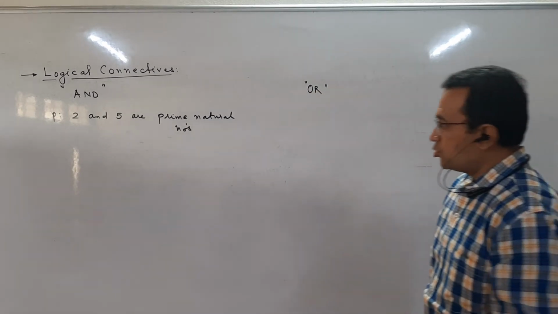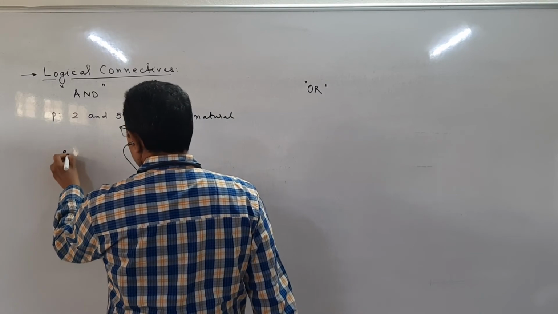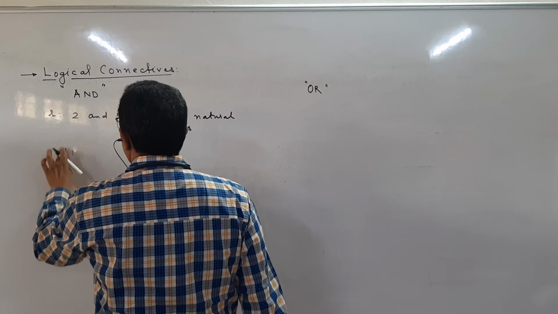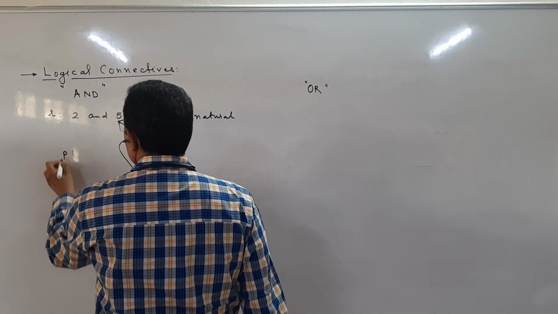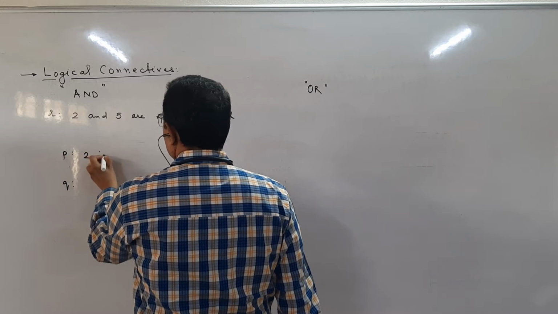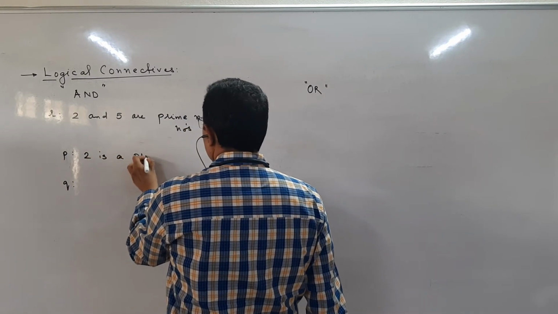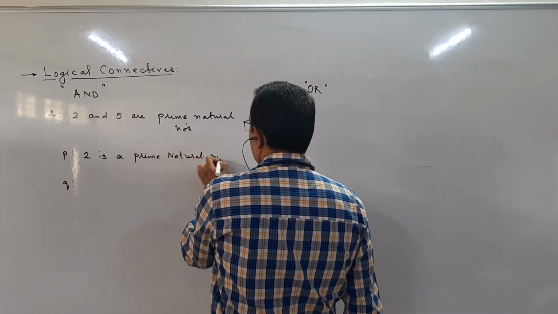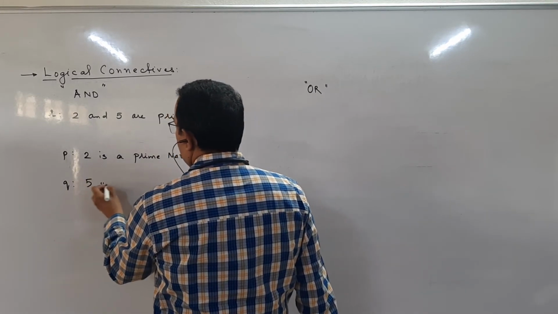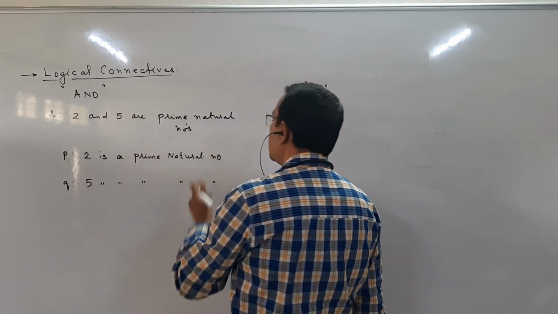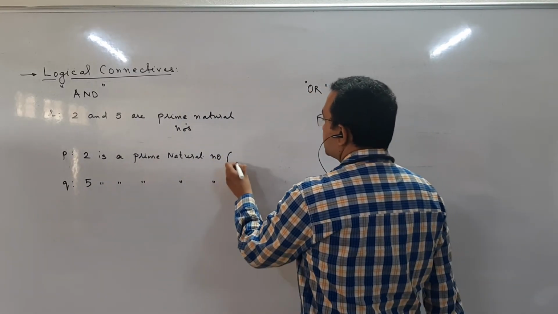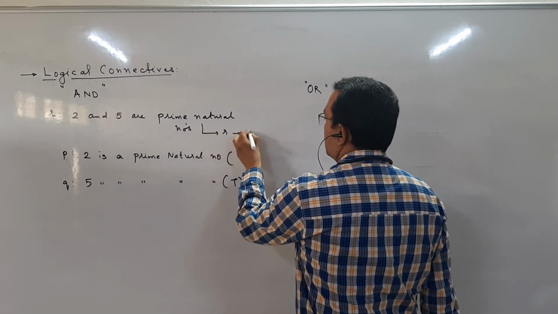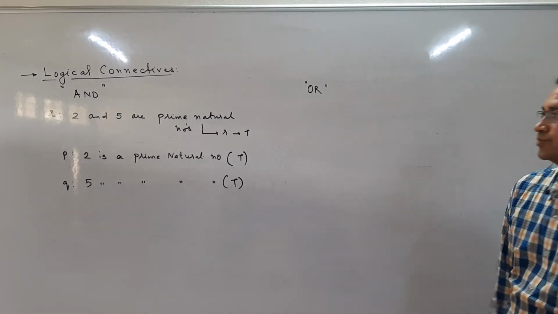Now if I break this into components, let me call this R and the components I am calling P and Q. 2 is a prime natural number, of course. 5 is a prime natural number. P is true, Q is true, so the compound statement R is also true.